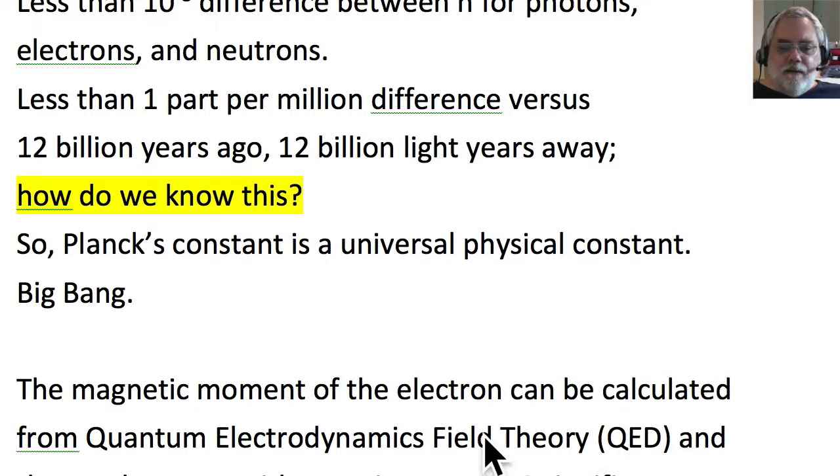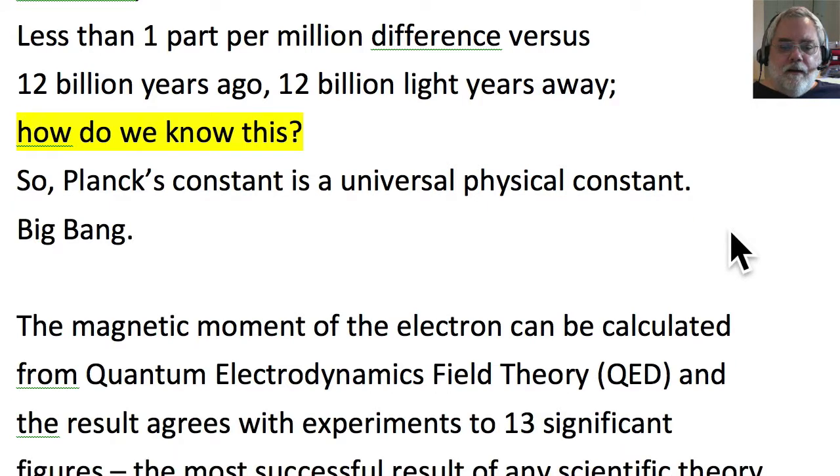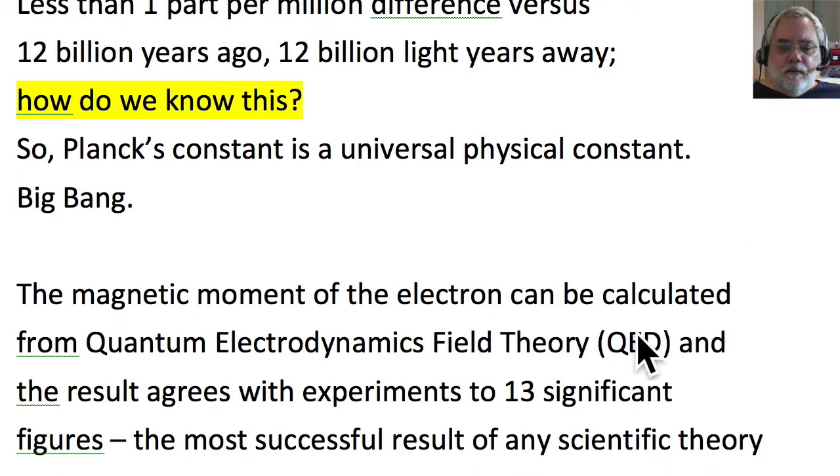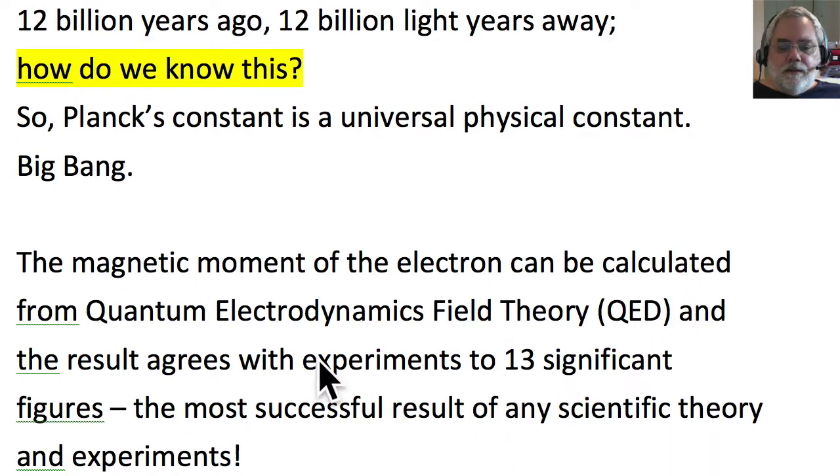It turns out that theory can be simulated on a computer very accurately, up to 13 significant figure accuracy, and experimentally it can be measured to 13 significant figure accuracy, and they agree to 13 significant figures.